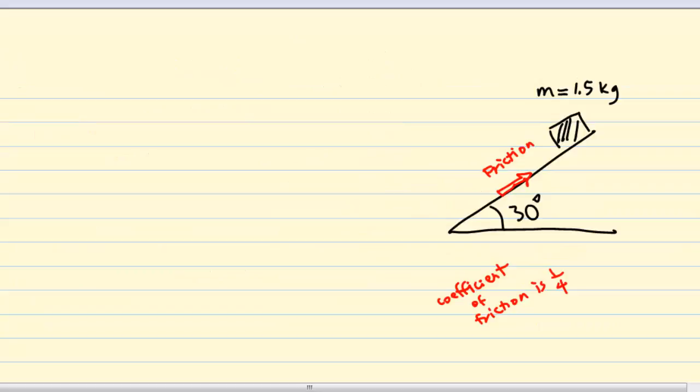Let's try to focus on friction on the plane. Now, friction on the plane is equal to the coefficient of friction times the normal force. So what is the normal force? In this case, we have mg here.